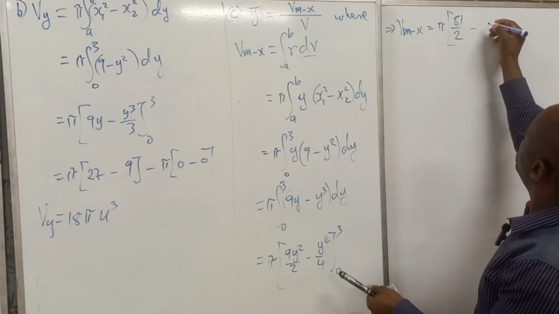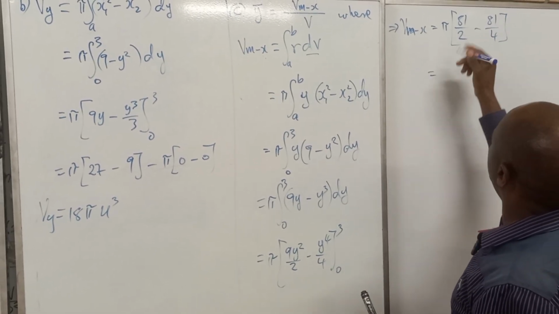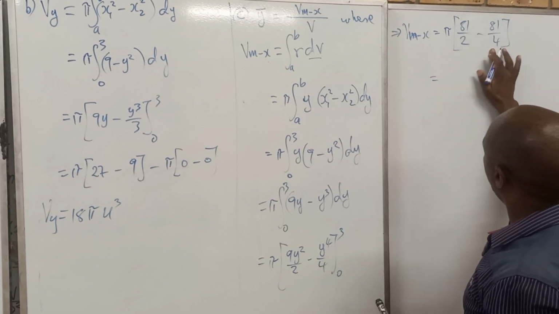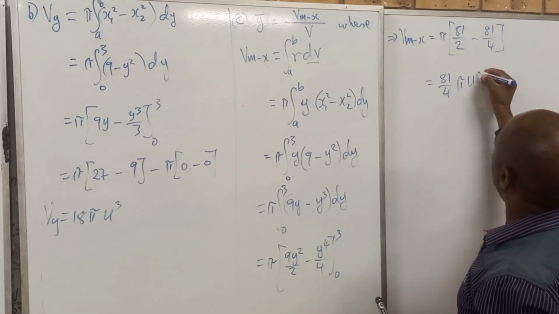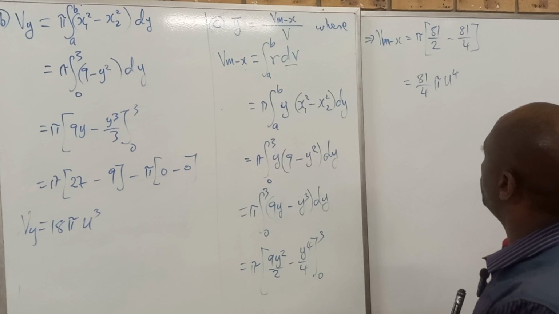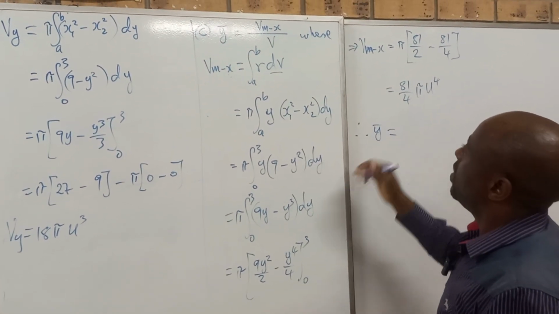If I put 3 to the power 4, it's another 81 over 4, which is something we've done already. We see that 81 over 2 minus 81 over 4 gives us 81 over 4 pi units to the power 4. So that's the volume moment about the x-axis.